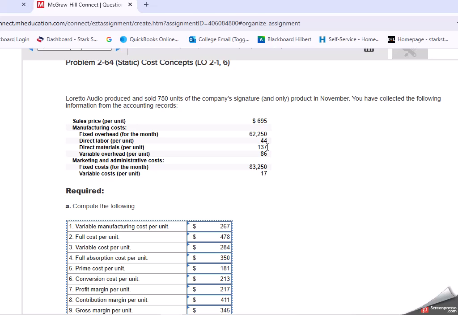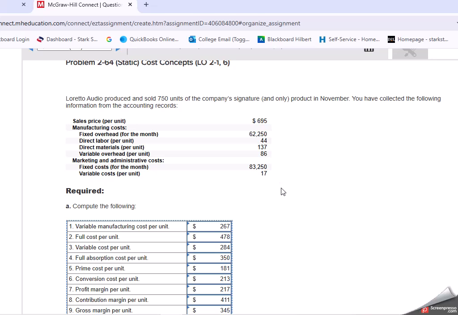Our conversion cost per unit is our overhead and our labor. So 44 plus 137 plus 86 gives us, not that, the 267.